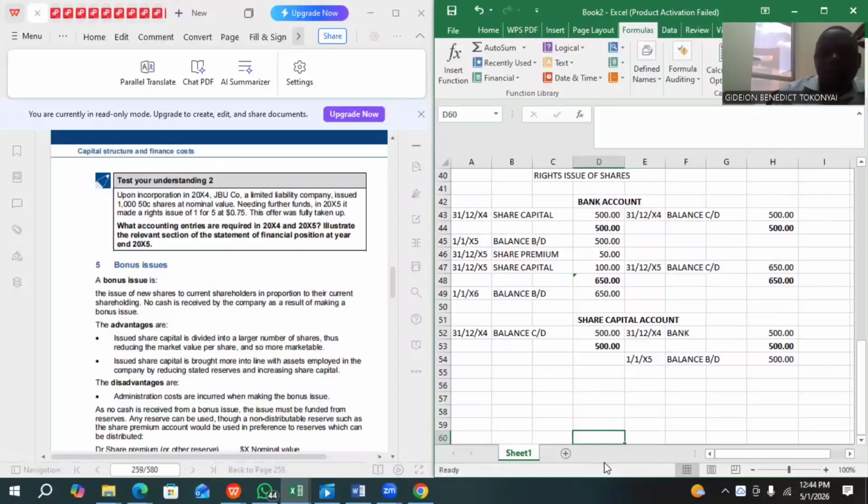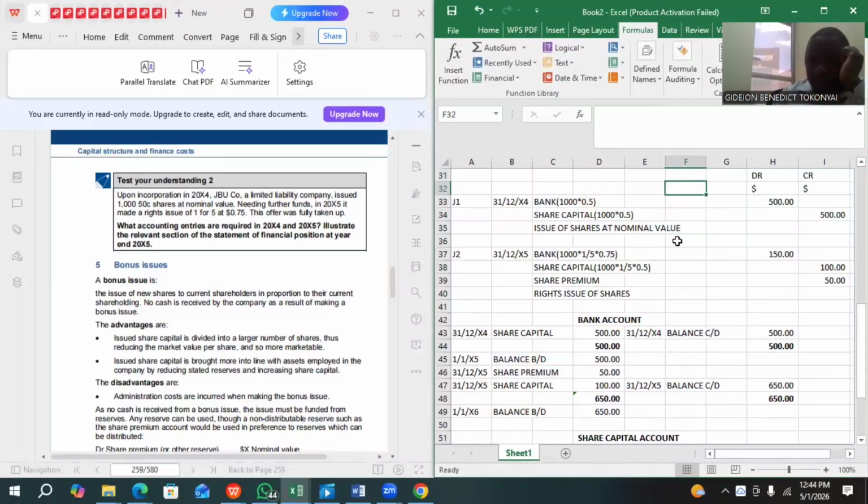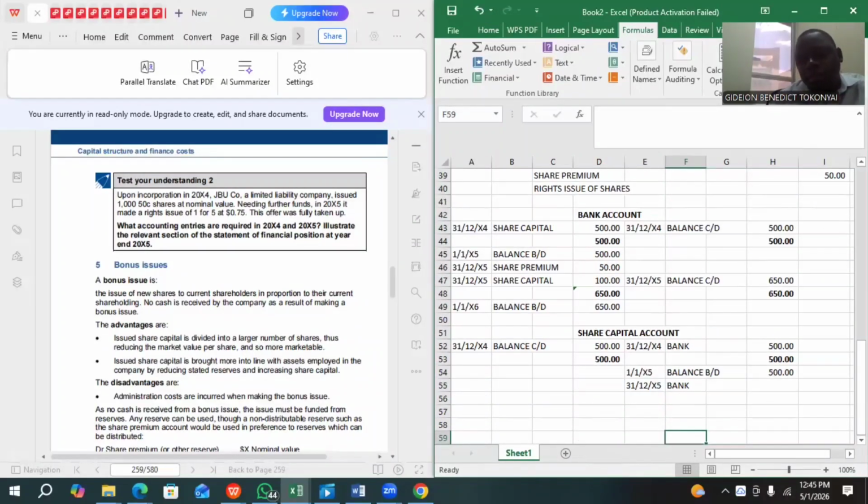We have created share capital on 31 December 20X5 with the bank. That's the transaction, 100. Then you close off the account. If you add here, you get 600.